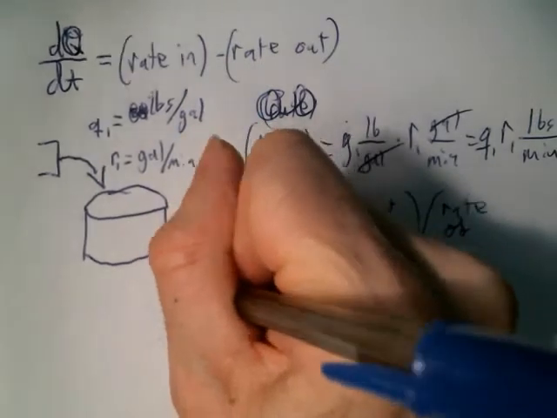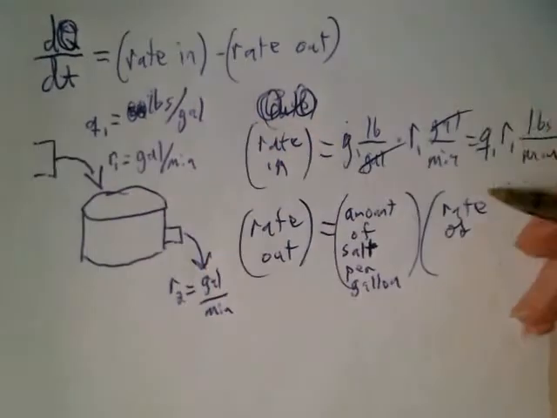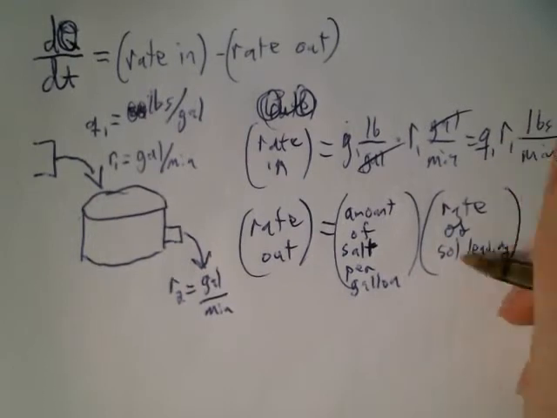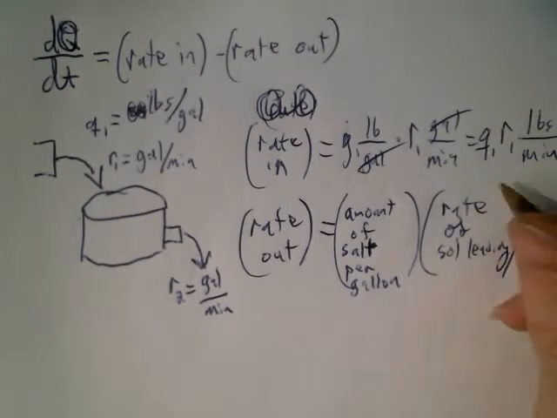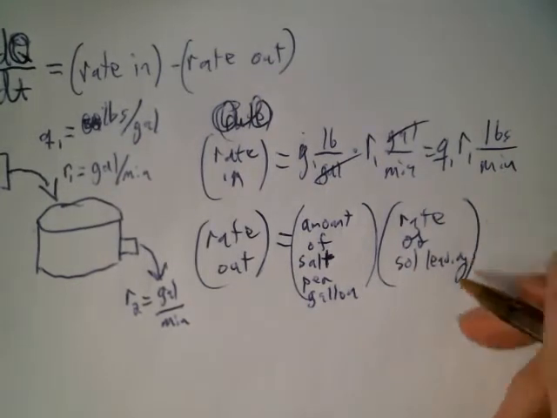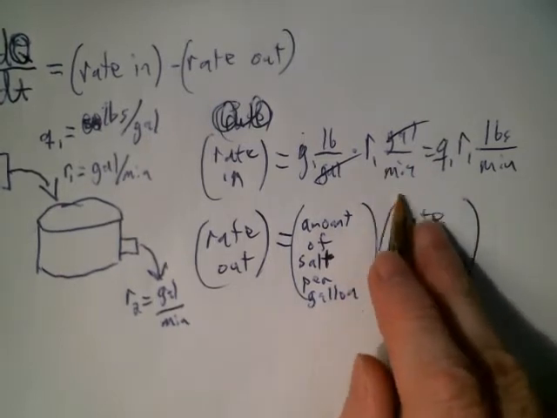So R2 is the gallons per minute factor, in other words, for the salt water, and it's given in gallons per minute, just like the factor up here.